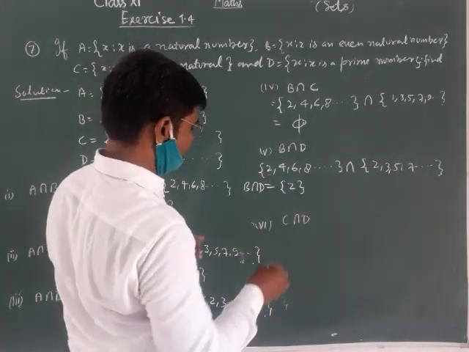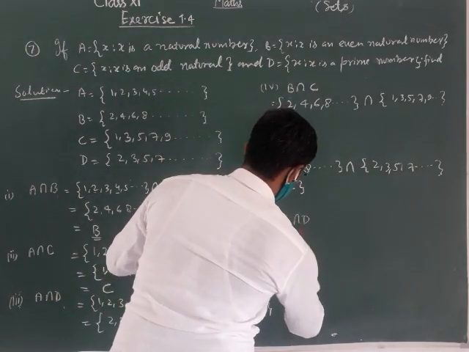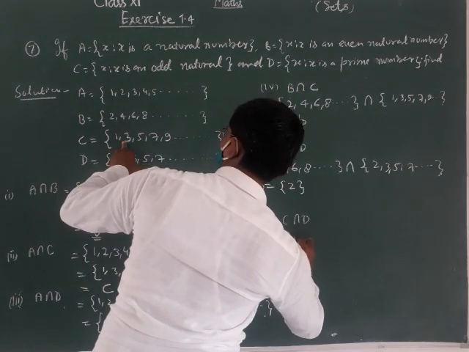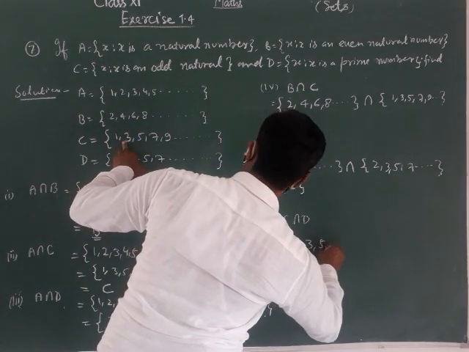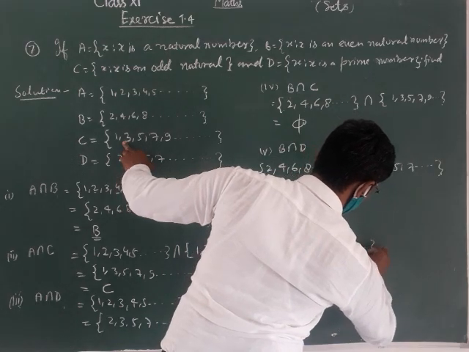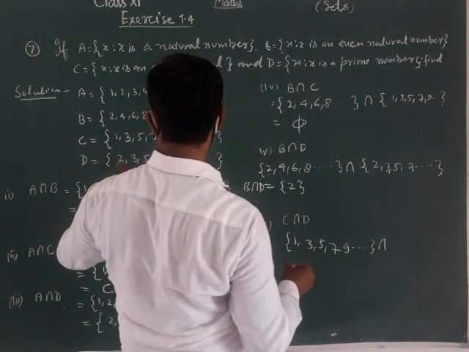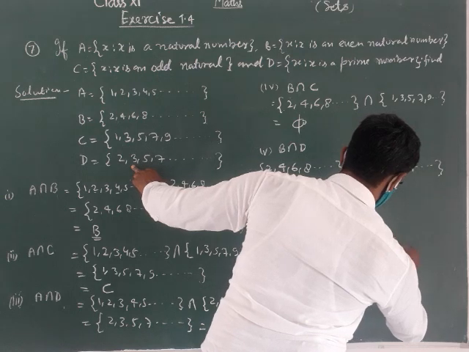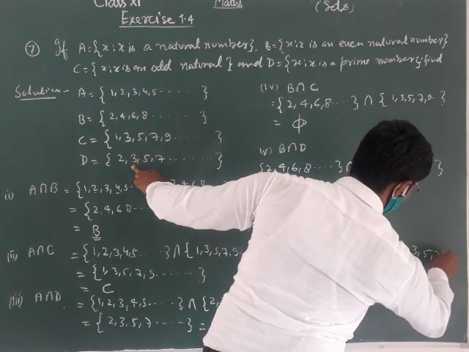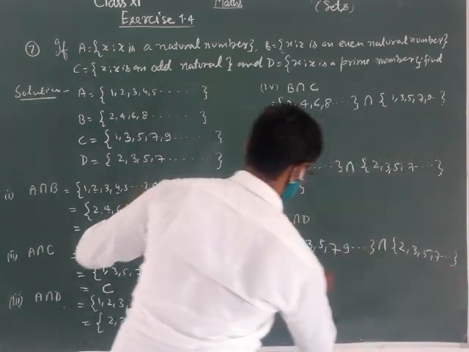And C intersection D. C has the elements 1, 3, 5, 7, 9 and so on, and D has the elements 2, 3, 5, 7 and so on.